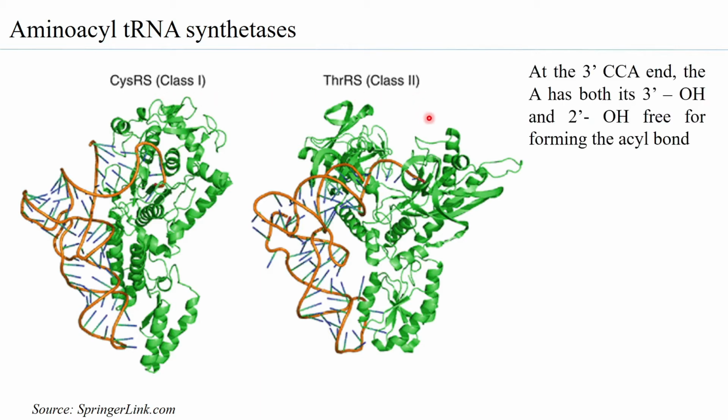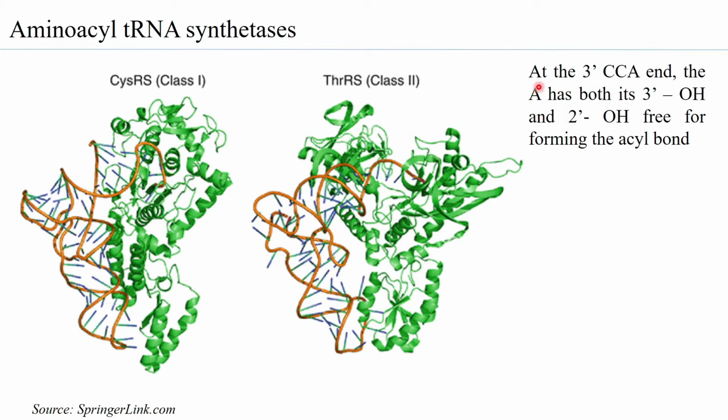So it is a known fact that at the 3' CCA end of the tRNA, the A that is present has both its 3' OH as well as its 2' OH free. Because it is an RNA molecule, it has ribose as the sugar, and in ribose the 2' carbon of the sugar has OH.